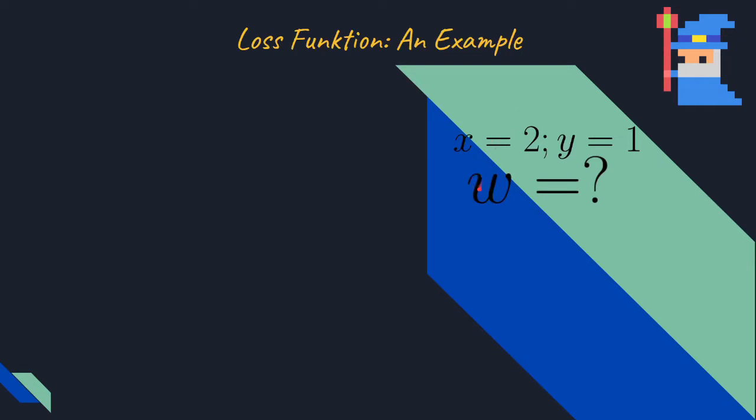We only want the algorithm to change a w that has the best fit for this data pair. So we would say, well, the prediction is, let me see, x times w equals y. That's pretty easy. We divide by x, and we have w equals y divided by x.